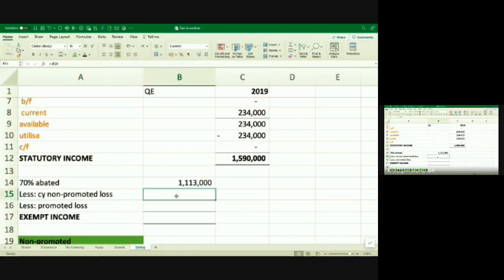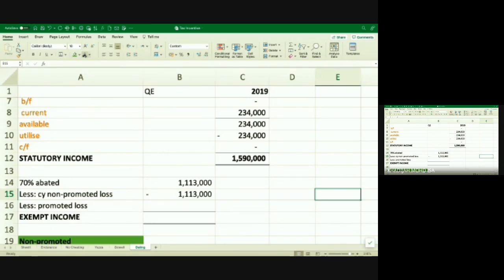But how much are you going to utilize? The losses, how much is to be absorbed here? You have a loss of 1,144,000, but the 70% abated is only 1,113,000. So the 70% is smaller, and you only use 1,113,000. What's the balance?